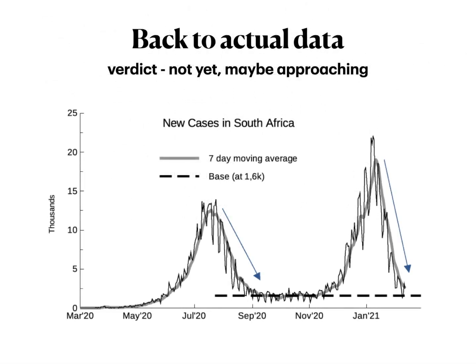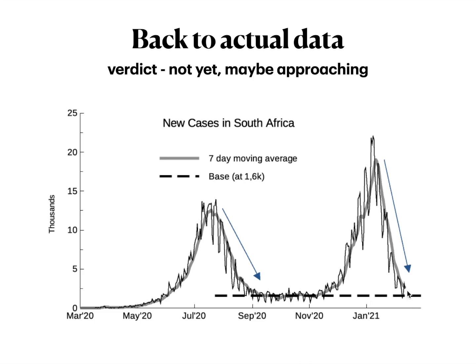So if I go back to the actual data, I think if this moving average can puncture this level, let's call that the natural level or the base of the pandemic, based on what we saw in this time period.